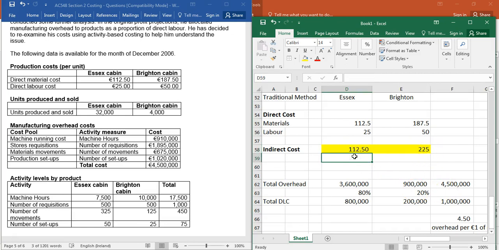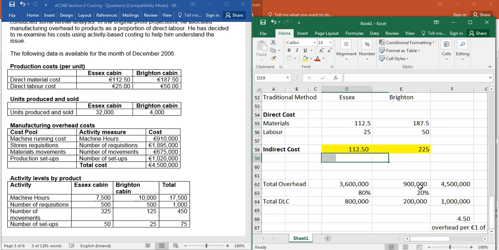If students went the other way, which is fine as well, what you will do is you'll take the total overhead allocated to Essex, which is 3.6 million, and divide by the number of units, which is 32,000. And for Brighton, you give a total overheads of 900,000 divided by 4,000. So both are going to come to the same answer.